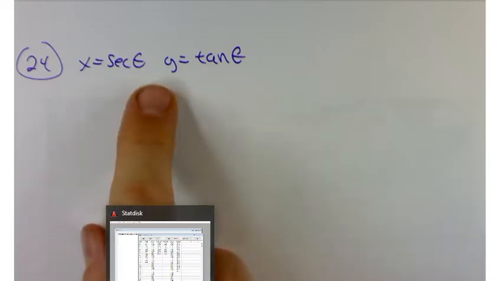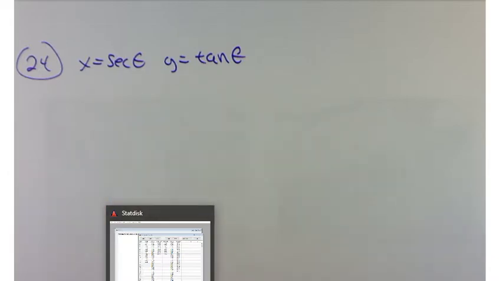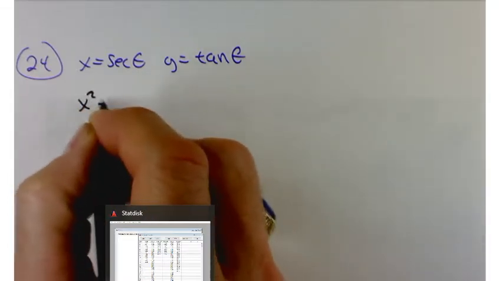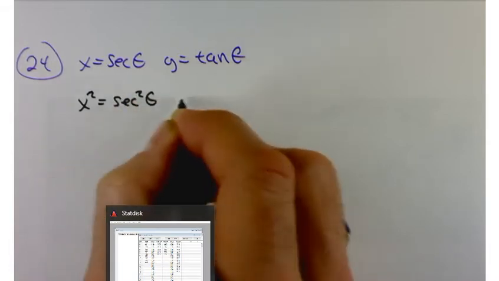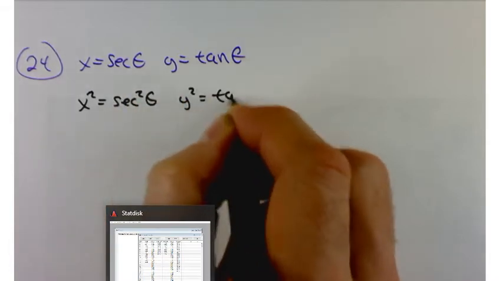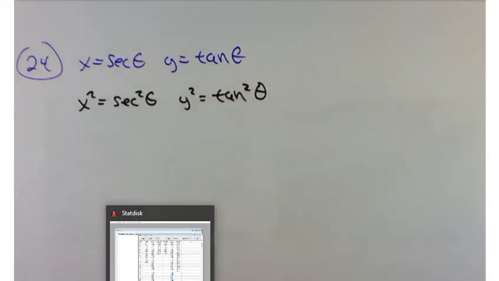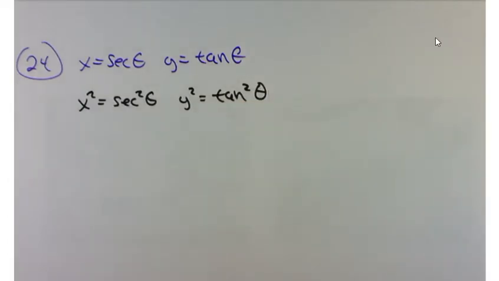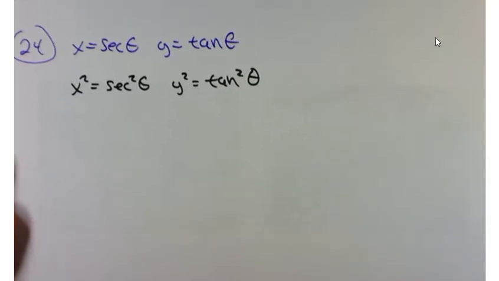Nonetheless, if you're trying to eliminate the parameter here, then what are you going to do? I mean, we can play our same game. We can square it. x squared equals secant squared of theta. y squared equals tangent squared of theta. But then what? How do we get rid of theta? Perfect.